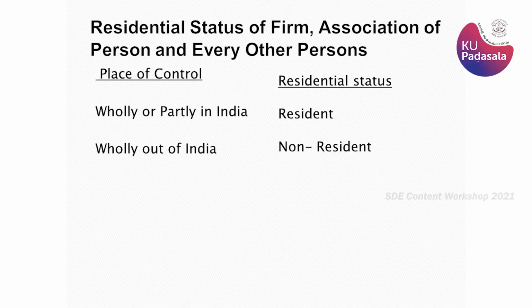Now, coming to the residential status of a firm, association of persons and every other person, this is the basis. Accordingly, we classify them as resident and non-resident. If the control and management of such assessees is wholly or partly situated in India, they are resident.